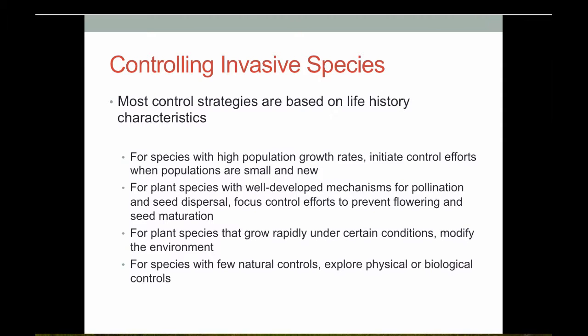Emerald ash borer is another insect pest, an invasive species that's affecting eastern forests really dramatically, that we're exploring biological controls for. In some of these areas, there may be chemical controls that can help you maintain some kind of low level of protected plants, for example.